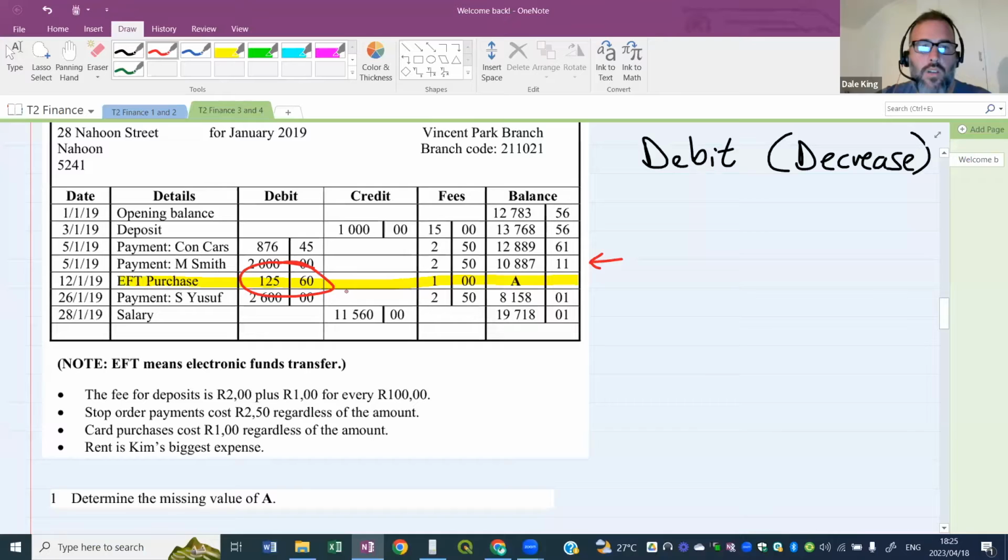So there's 125 Rand 60, and the fee for the purchase was 1 Rand. The banks charge a fee. So it's not just 125 Rand 60 going out of your account, it's 125 Rand 60 and also the fee that you have to pay for that. So now what is the new balance at A? What is the new bank balance at A?